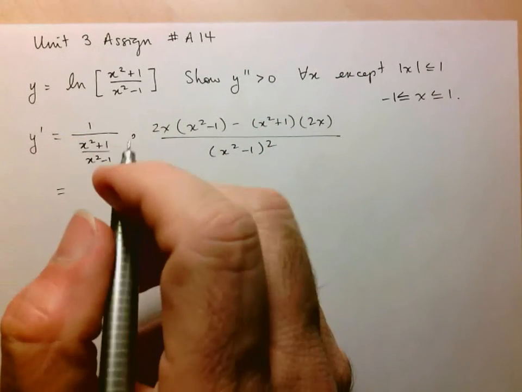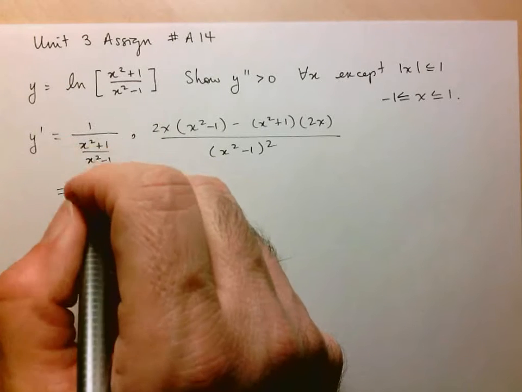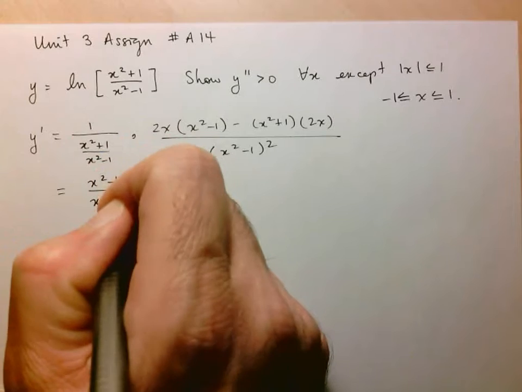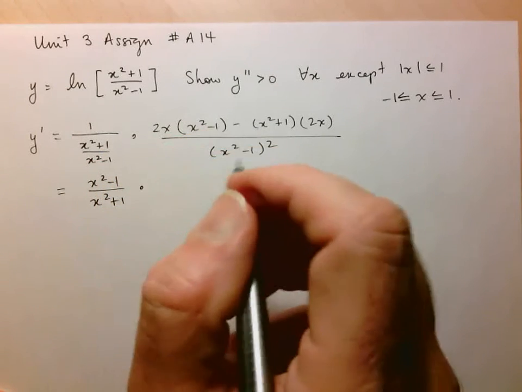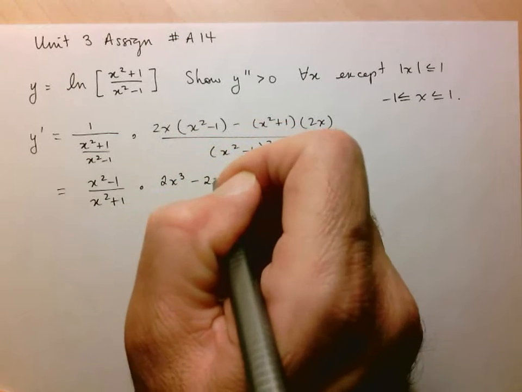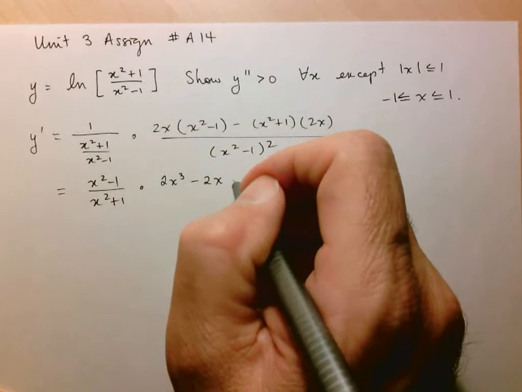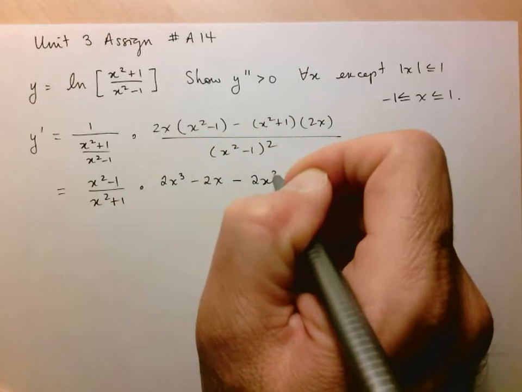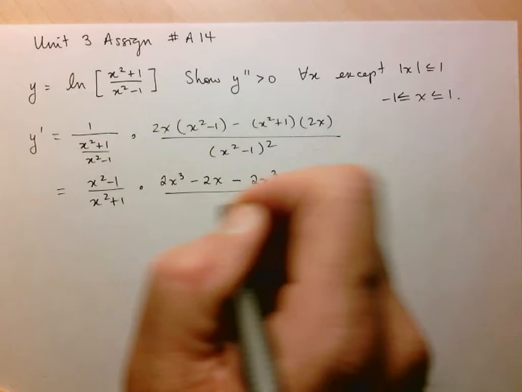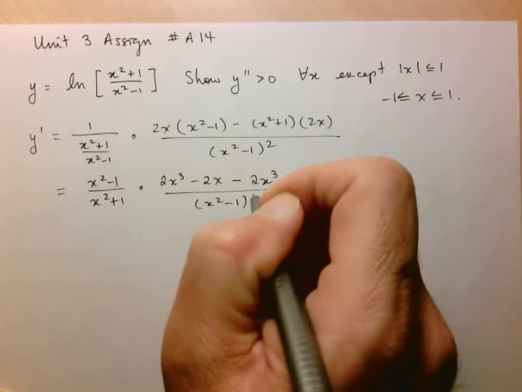Let's simplify this as much as we can. This is just taking the reciprocal, so it'll be x squared minus 1 over x squared plus 1, times 2x cubed minus 2x, and then minus (2x cubed plus 2x), all over (x squared minus 1) squared.